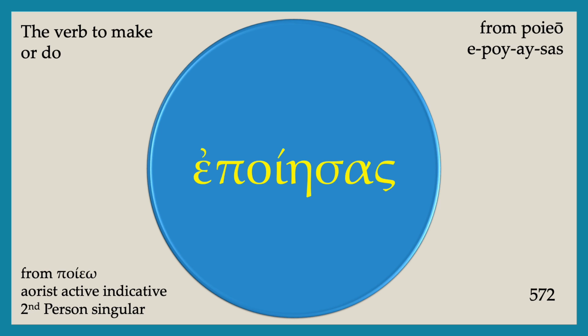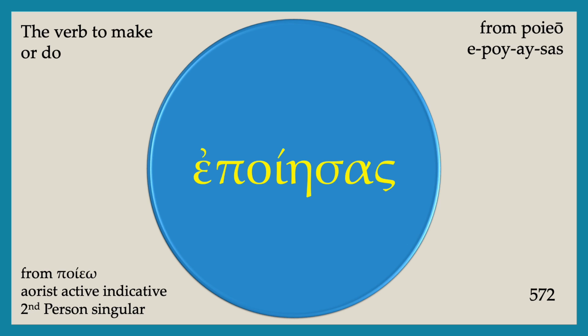It's a first aorist, so it's going to behave like the normal rules. We've got that sas bit at the ending there, and the epsilon has been added at the beginning. In this case, for complex rules I won't go into, the eta has been added onto the epsilon due to an augmentation in that case.